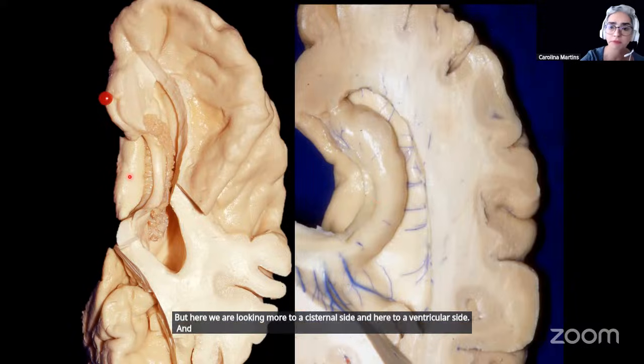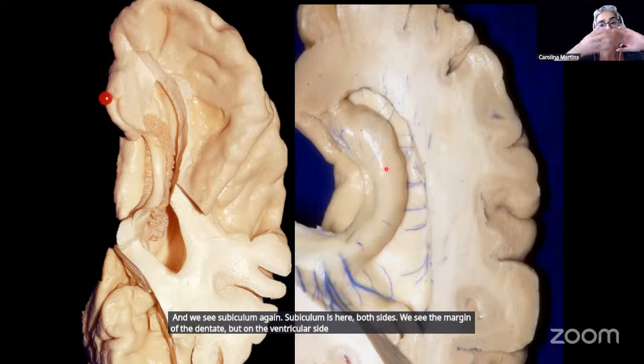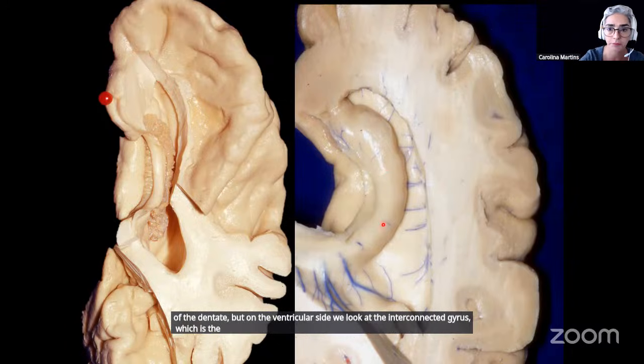And we see subiculum again. Subiculum is here, both sides. We see the margin of the dentate, but on the ventricular side, we look at the interconnected gyrus, which is the hippocampus proper. Dentate plus hippocampus is the hippocampal formation.